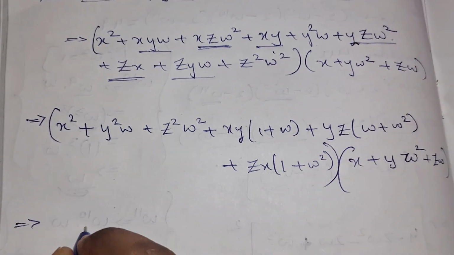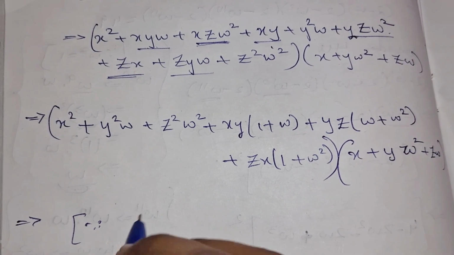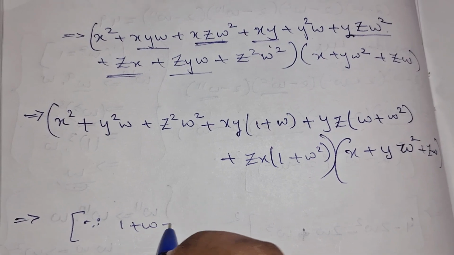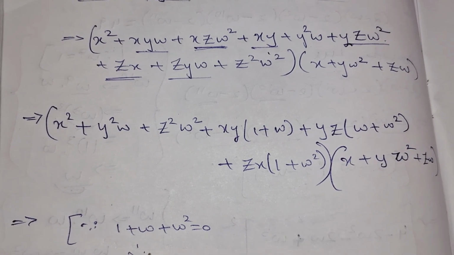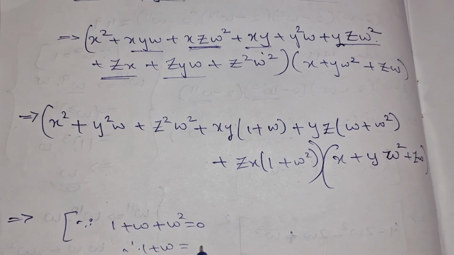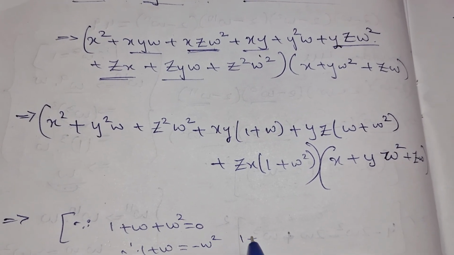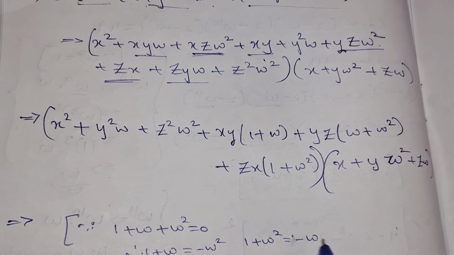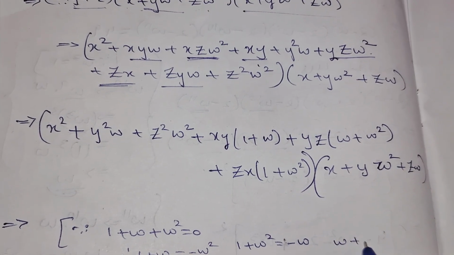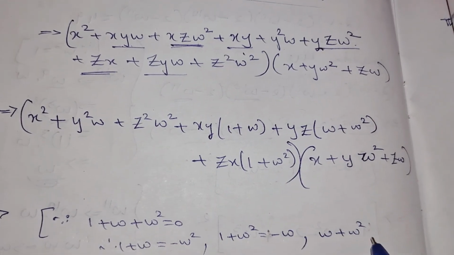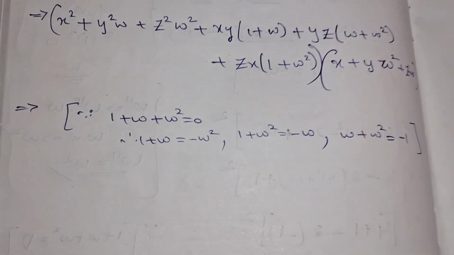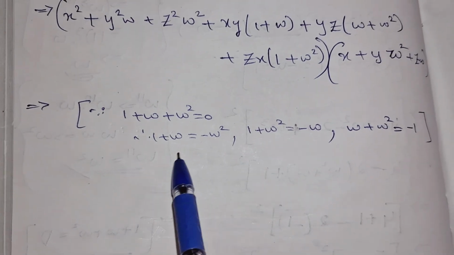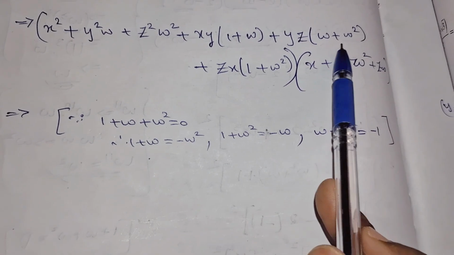Since 1 plus omega square is equal to 0, therefore 1 plus omega is equal to minus omega square. Similarly, 1 plus omega square is equal to minus omega, and omega plus omega square is equal to minus 1. Now let us substitute these values in these three places.